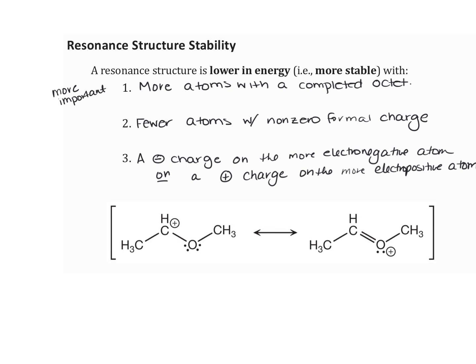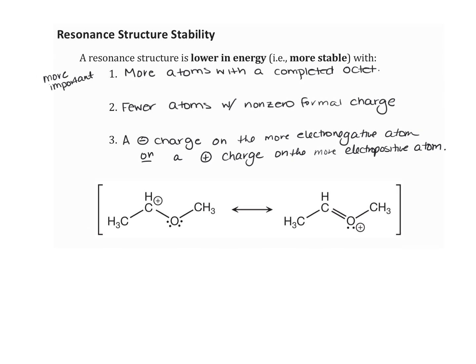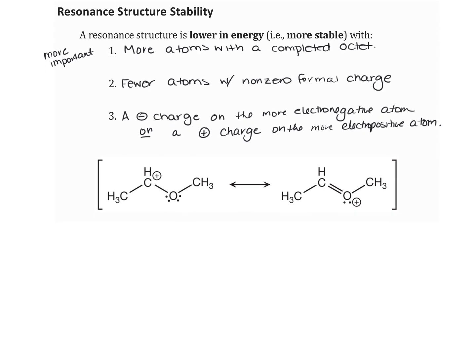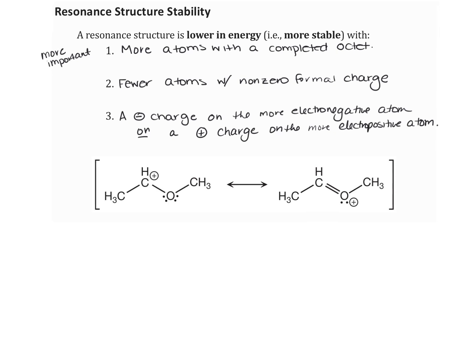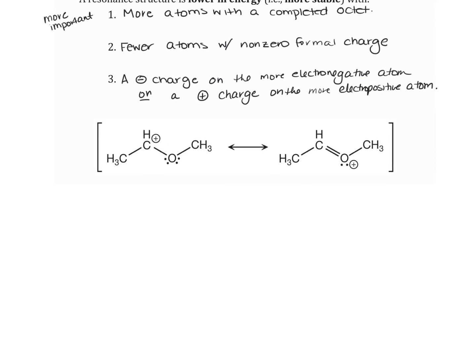Okay, so let's do an example. We're going to look at these two resonance structures, resonance contributors. We want to figure out which one is the major contributor and which one is the minor contributor. So which one contributes the most to the resonance hybrid. If you're asked a question like this, you just need to go through and think about it this way.